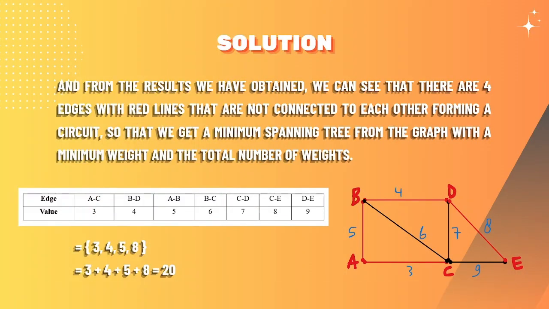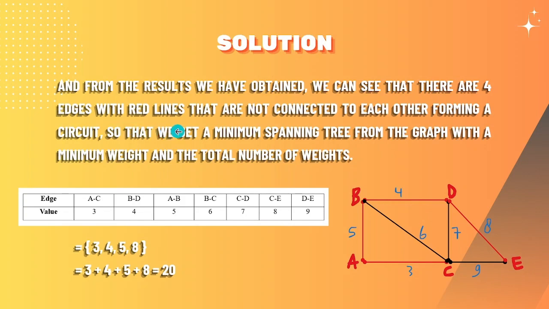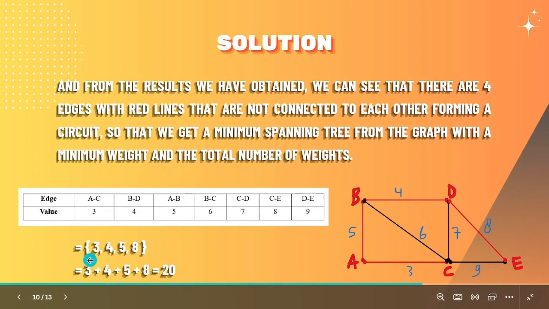And from the result we have obtained, we can see that there are 4 edges with the red lines that are not connected to each other, forming no circuit. So we get a minimum spanning tree from the graph with a minimum weight and the total weight. So we have 3, 4, 5, and 8.